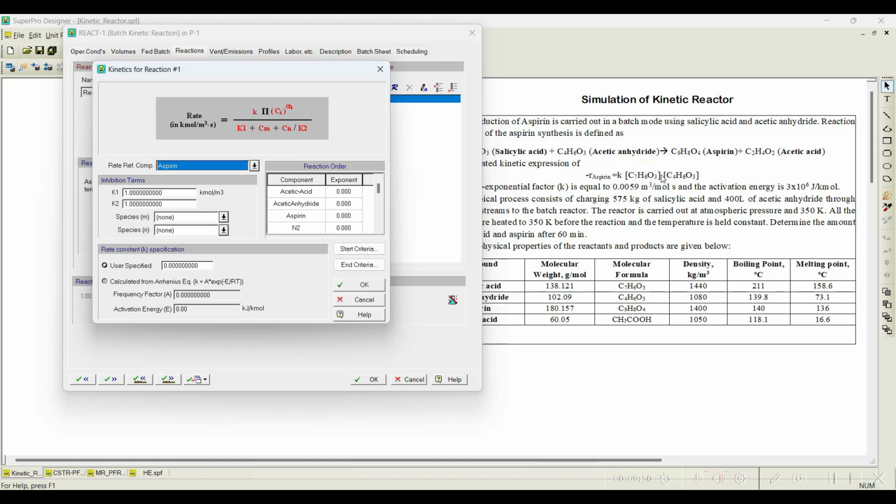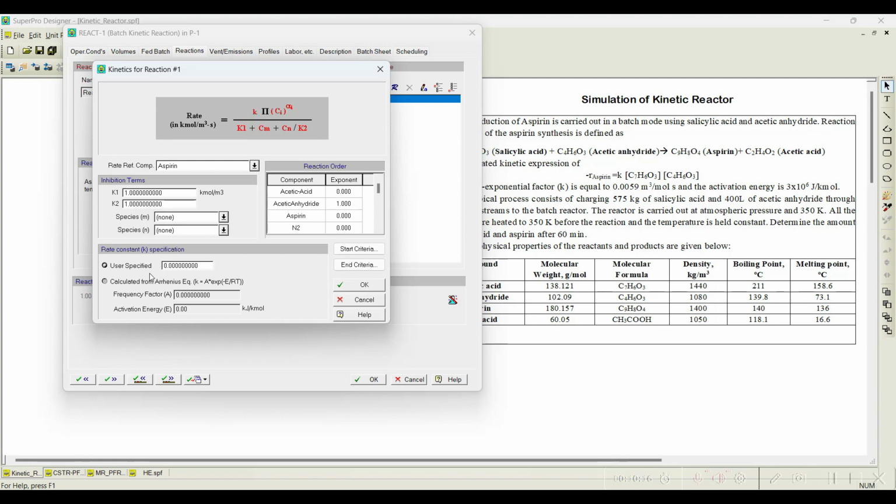We can easily understand that the order with respect to salicylic acid is 1 and acetic anhydride is 1. So I'll just keep 1 and 1 for salicylic acid and acetic anhydride. Rest all we go with 0. And also inhibitor terms, if any reactant is acting as an inhibitor or product is an inhibitor, we need to add the terms here.